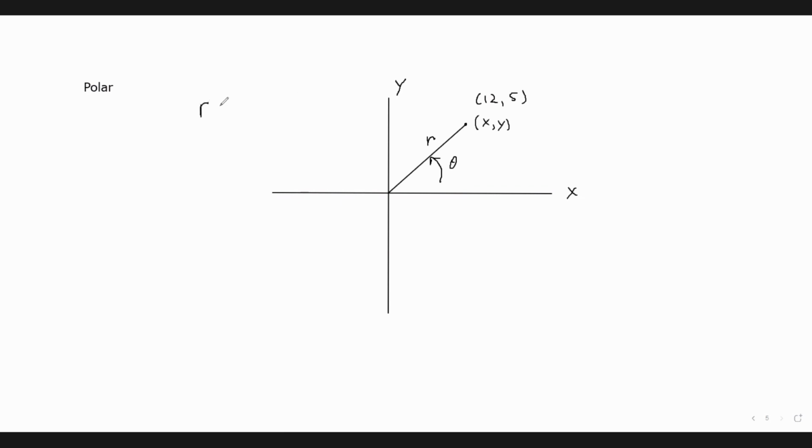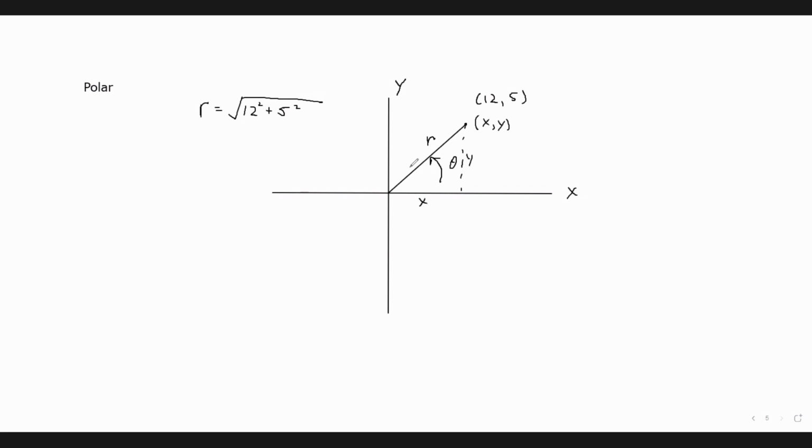So r is just equal to the square root of 12 squared plus 5 squared. You already know this. So this is a right triangle with the x distance being here and the y distance being here. So obviously r is given by the square root of x squared plus y squared.